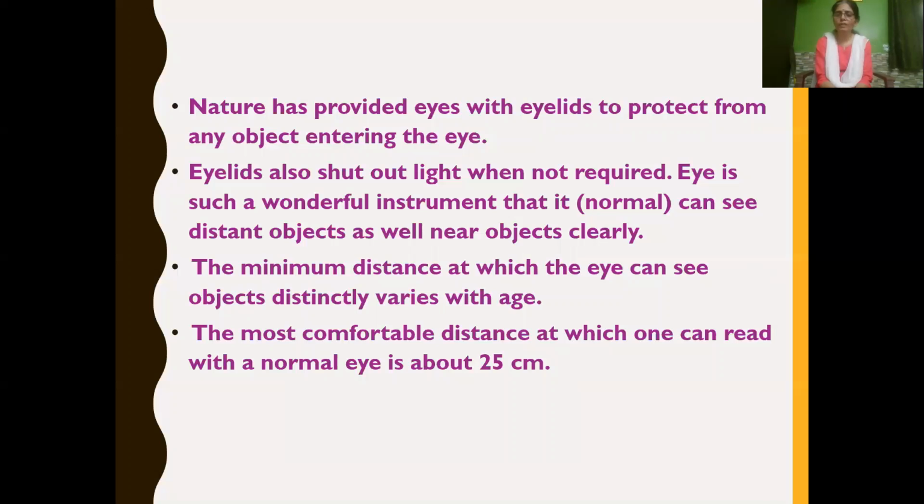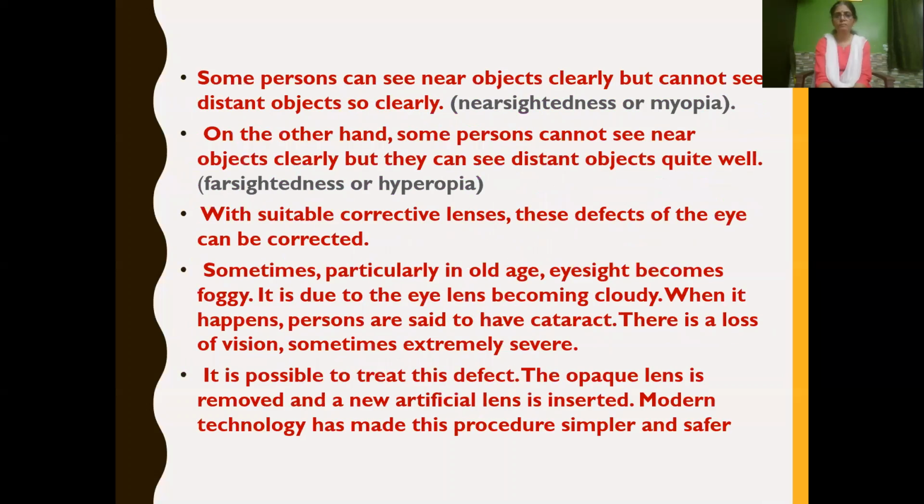The most comfortable distance at which one can read with a normal eye is about 25 centimeters. Children, this is very important. The most comfortable distance at which one can read with a normal eye without any defect is 25 centimeters. But some persons can see near objects clearly, but they cannot see distant objects.